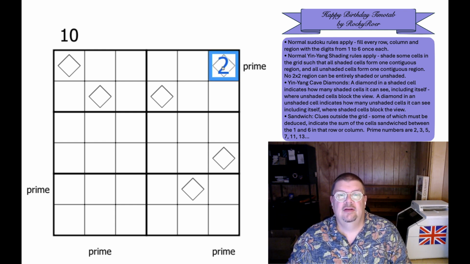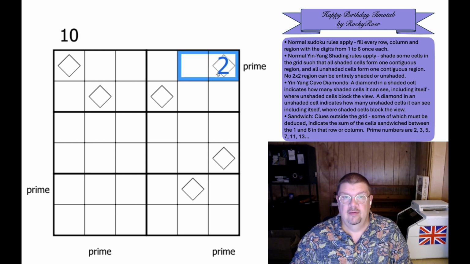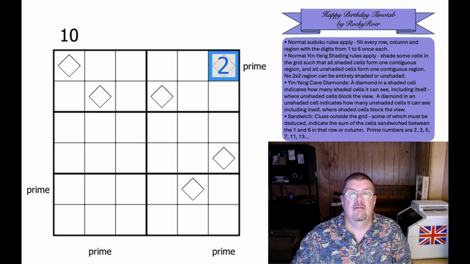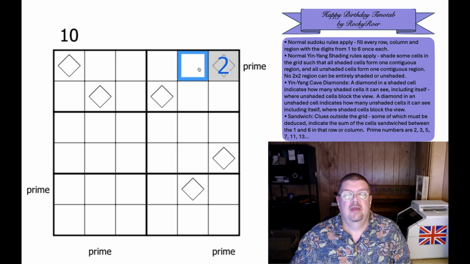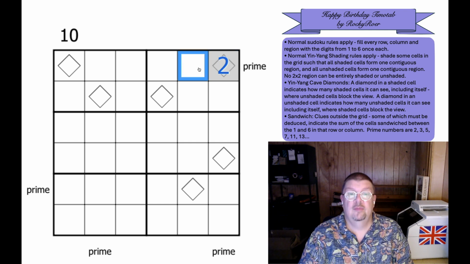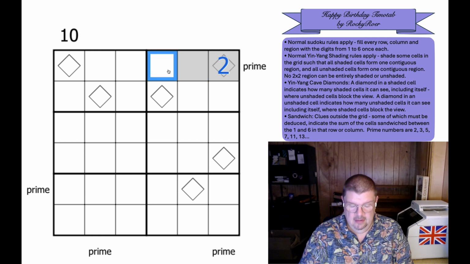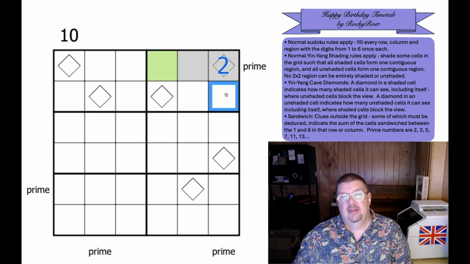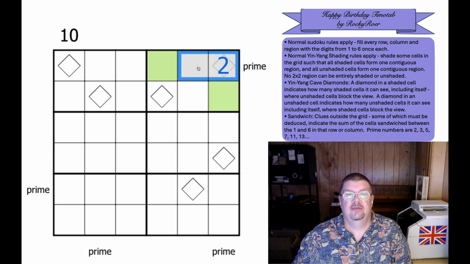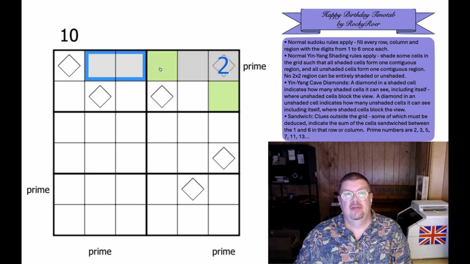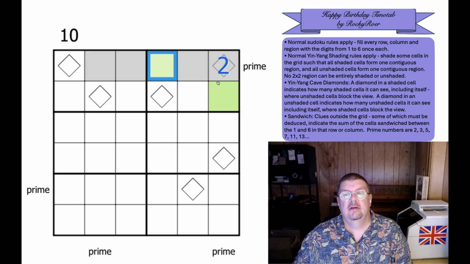Supposing this were a 2 and it were grey, then this could be a grey cell, but then this would have to be green, and then this would also have to be green. And then that sees 2 cells. I can have more grey over here, but this green is blocking the view from the perspective of the diamond.